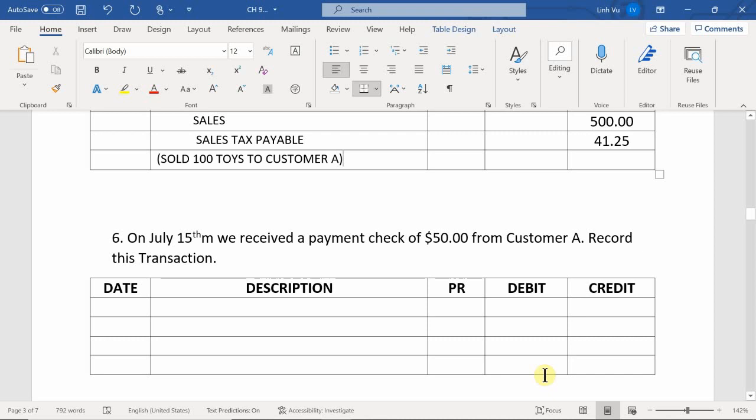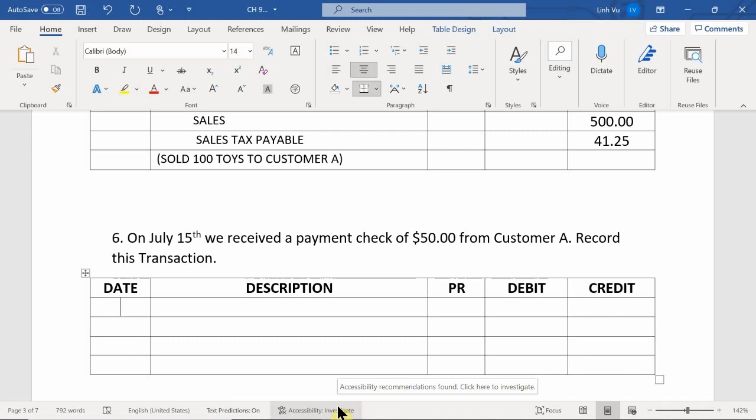Then on July 15, we received payment, a check for $50 from customer A. Record this transaction. Debit checking, credit accounts receivable, 500.